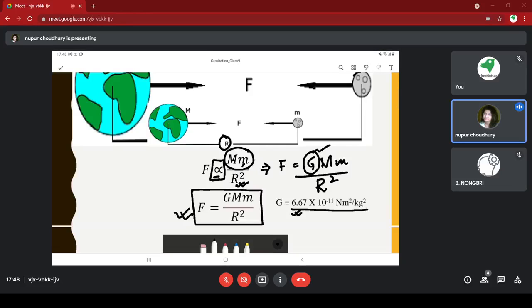Now, moving ahead, before we talk about acceleration due to gravity, we will have to understand that if there are two objects, I'll show this with the video so that it becomes easier to remember.